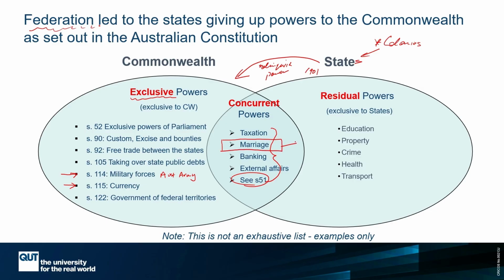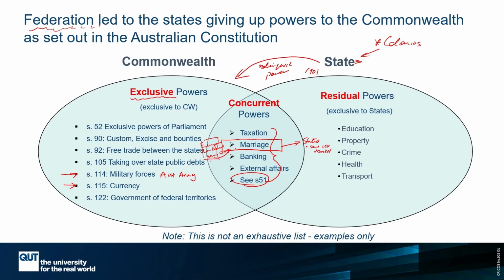That used to be done entirely by the states, and so the issue of, for instance, same-sex marriage varied throughout Australia because the law was based upon what each state said, and some states allowed for it and some didn't. Then there was a growing national push for recognition of same-sex marriage, which ended in a plebiscite, and then the federal government came in and said, everyone can have same-sex marriage.